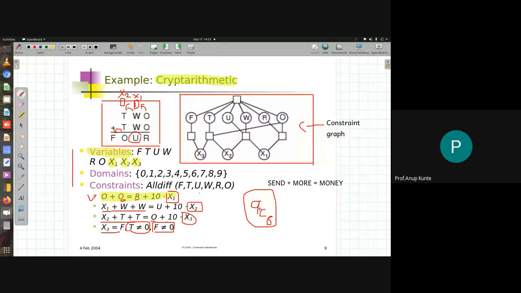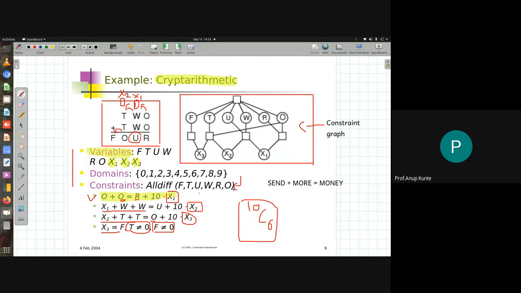Right, you're right. 10C6 kind of combinations to choose from. So 10 numbers are there. I should choose 6 numbers which are not identical, and that is what this constraint is saying. The constraint is telling me that all F, T, U, W, R, O must be distinct. All diff is saying that all should be different from each other.